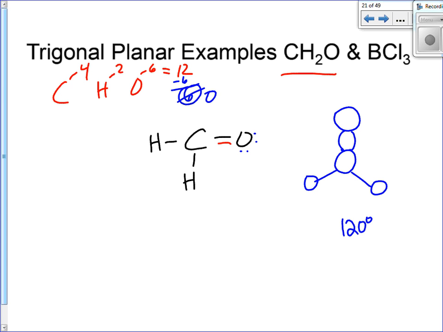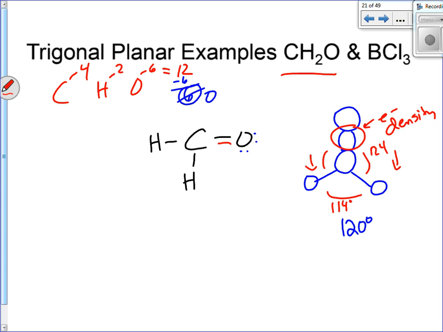However, because of the double bond here, and there's more electron density here, it's going to push these guys downward a little closer to one another, and these end up being like, I think 114-ish or something, and these are more like 124. But roundabout, trigonal planars are supposed to give you 120 as their spacing and their angles. But because of the double bond in this case, it does change the angle just slightly.